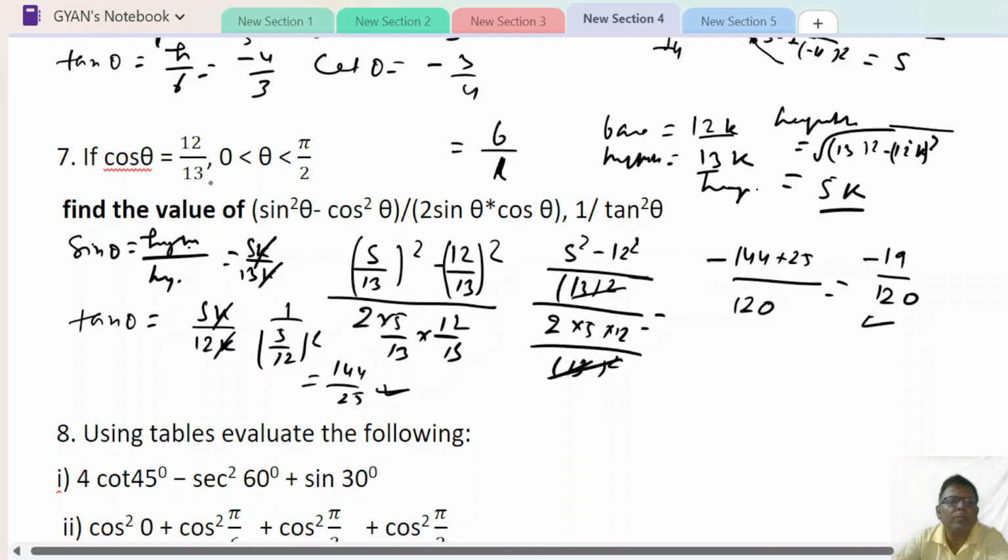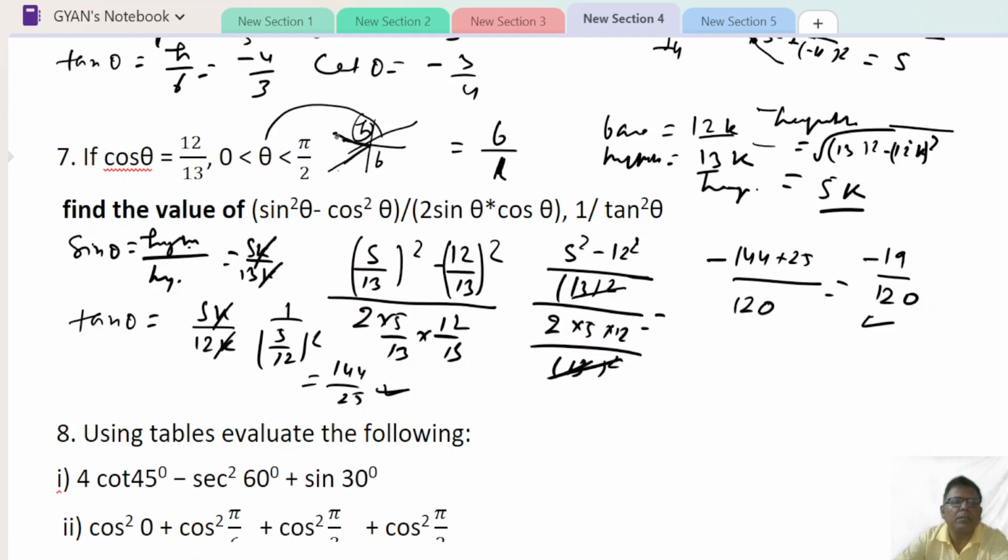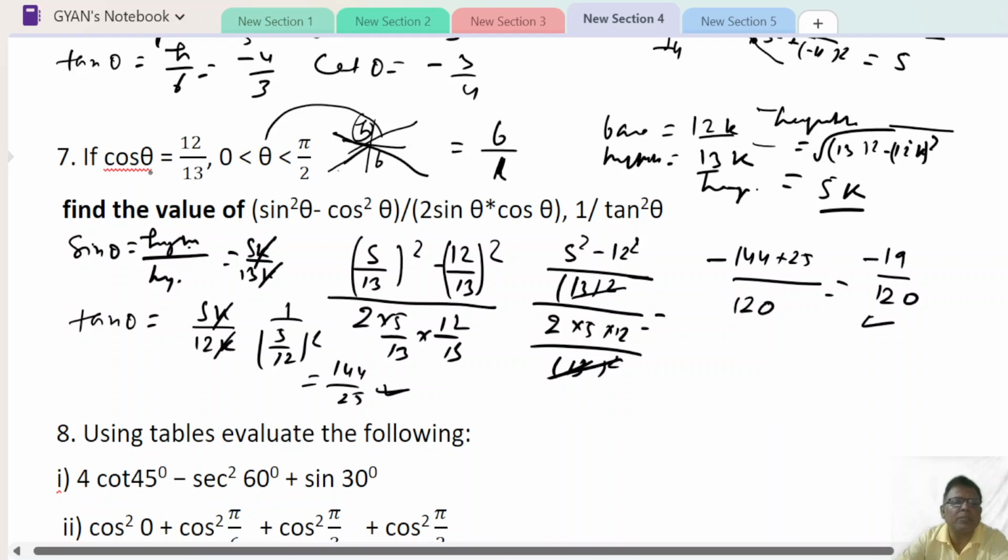One thing you remember, see, cos is positive, and because theta is given in the first quadrant, that's why P and H are both taken positive. If it had said that it is lying in the fourth quadrant, because cos theta is positive in the fourth quadrant, then we would have taken B positive and H negative.